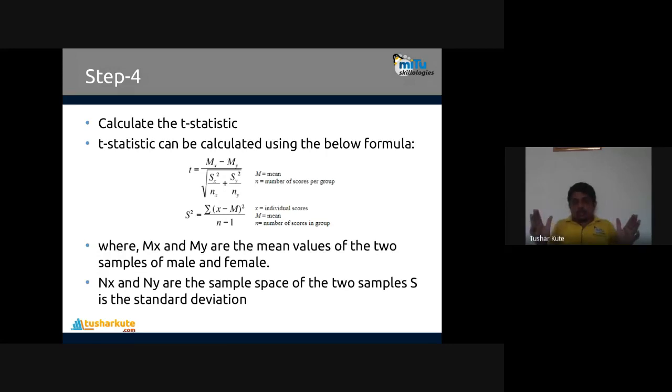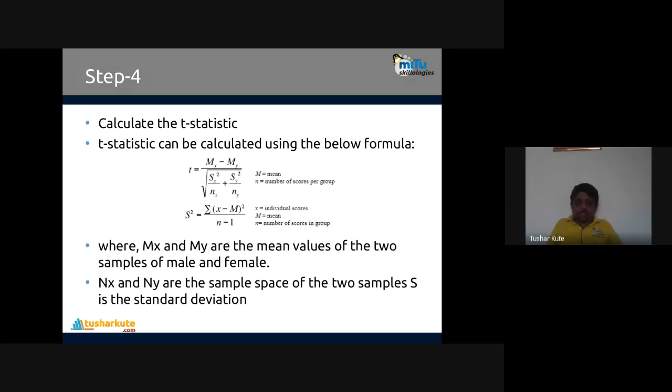Getting it? So using that, the T score is calculated. Remember this formula, which is the brain of the T test.